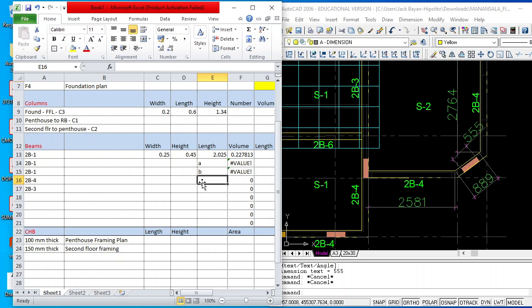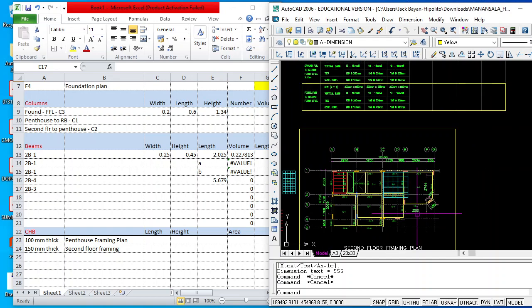You have 2.764 plus 0.889 minus 0.555 plus 2.581 equals 5.679.